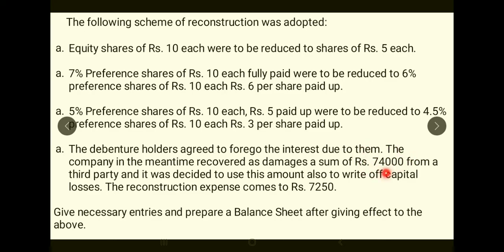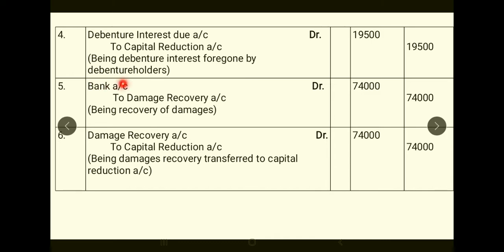Okay, so the 74,000 damage recovery entries will be like this. Bank account debit to damage recovery account. You are receiving the amount. So bank account debit, why? Because the amount is coming in, your bank balance is increasing. So bank account debit 74,000, you are receiving it against damage recovery account. Damage recovery is an income to you now.